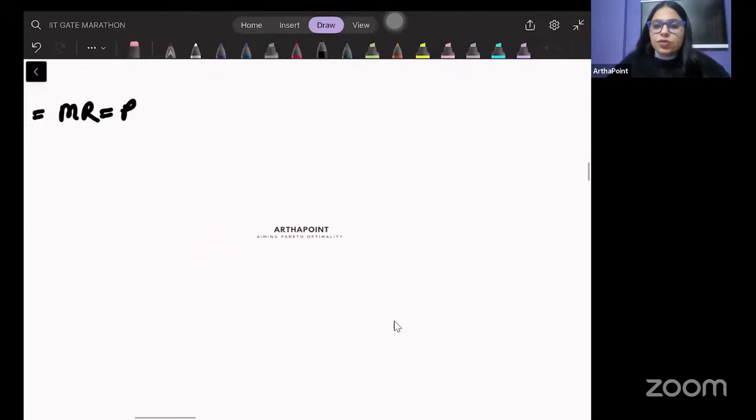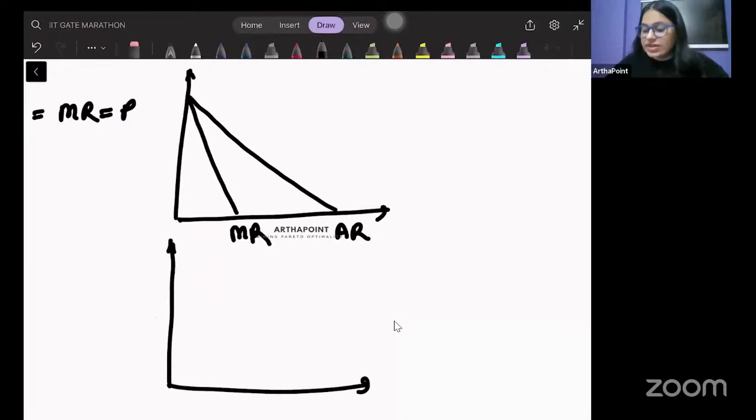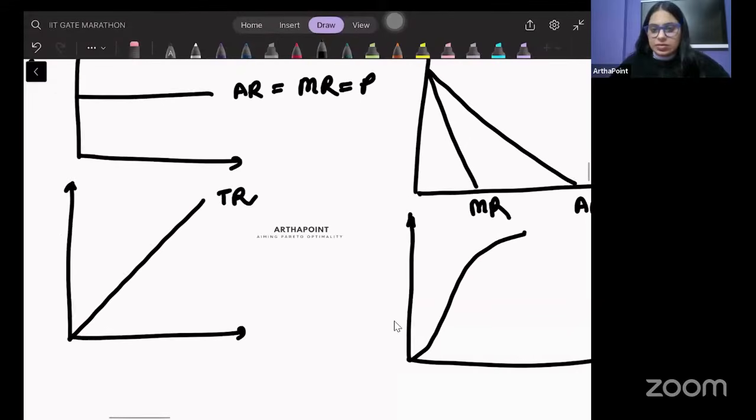But if you have your AR curve downward sloping, मतलब monopoly, it means your MR curve will be like this. In this case, your TR curve will actually have a slope. Your TR curve is no more a line, right?